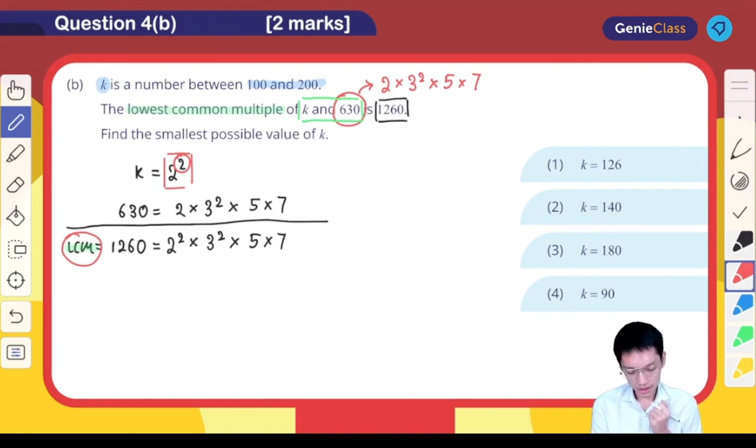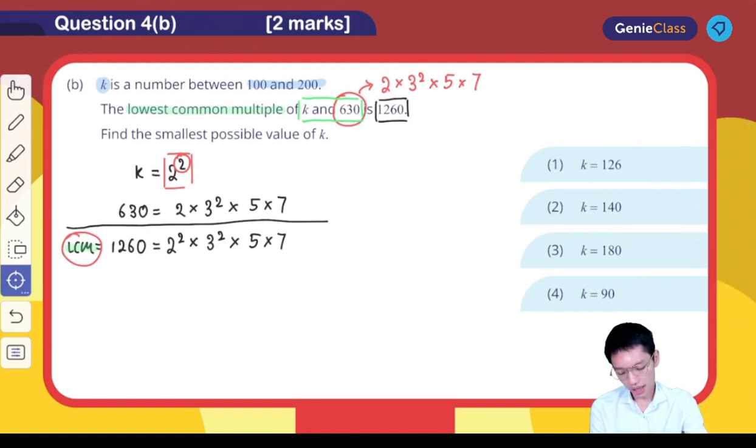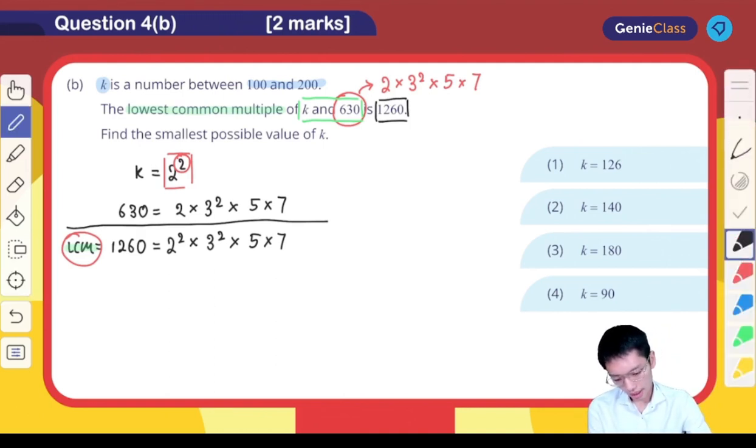That's why we know K has this, but we have something that can help us. That's where the next information comes into play. K is a number between 100 and 200, so it has to be greater than 100 and less than 200, or maybe including them, who knows? Can we say that K is this number multiplied by N?